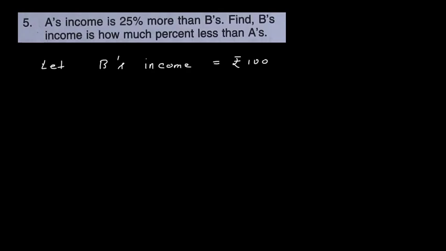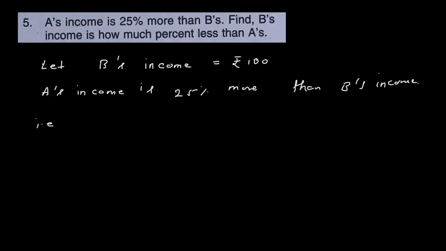Suppose we understand that B's income is 100. So A's income is 25% more than B's income.